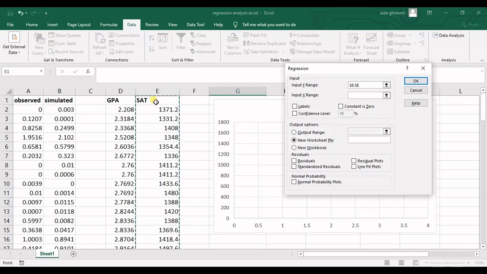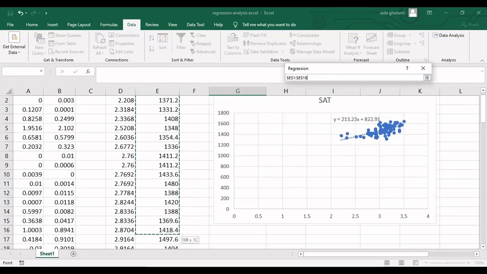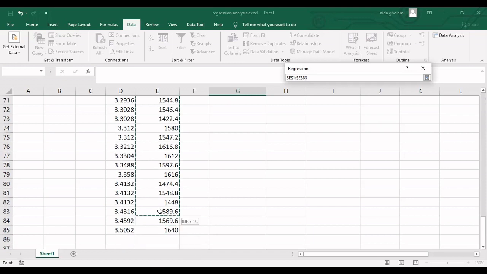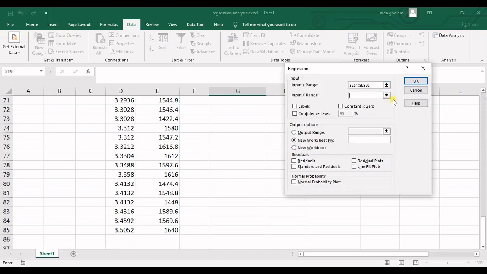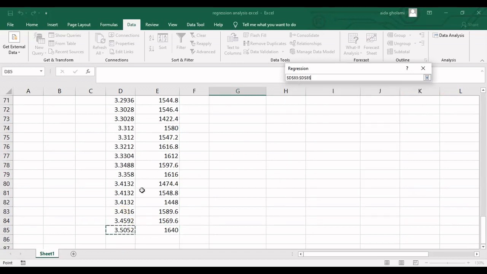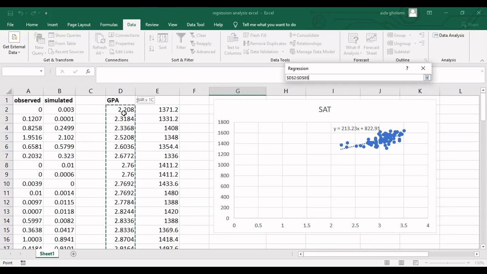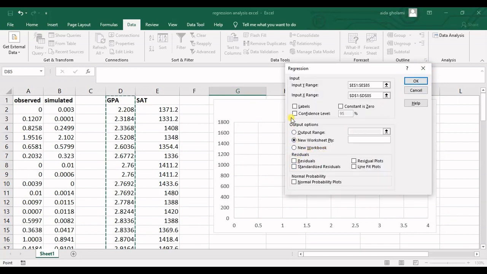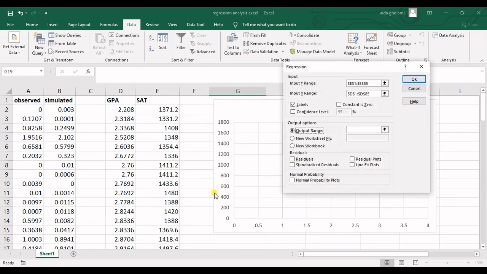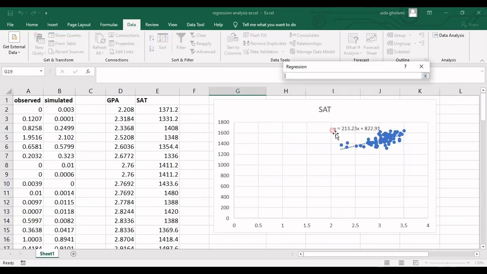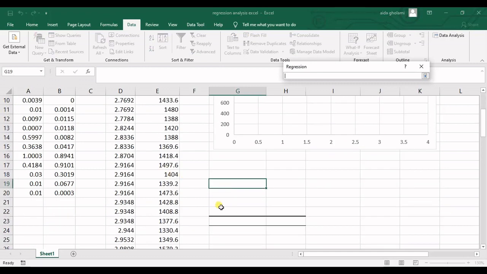The Y range is of course the dependent variable. And the X range here is my independent variable, which is GPA. Then I want to include the labels, and the output range I want to start from, let's say, here.